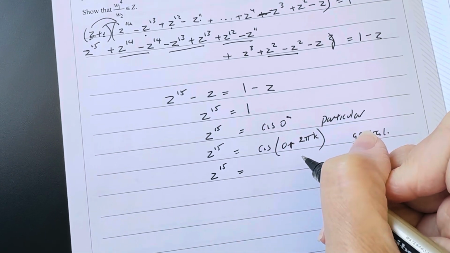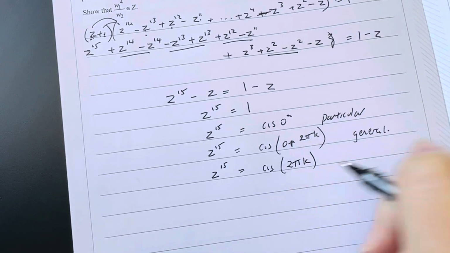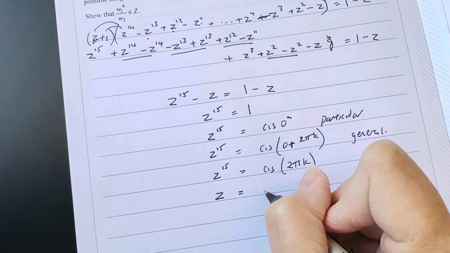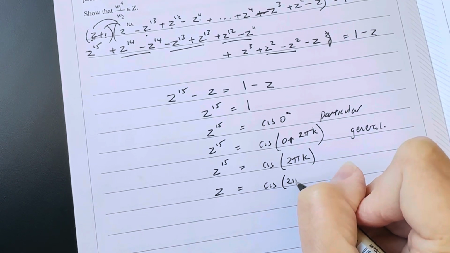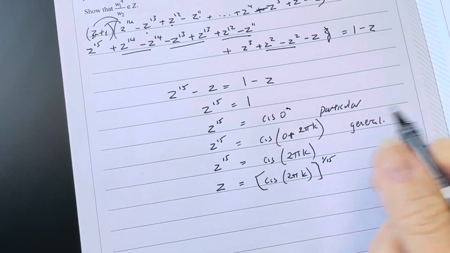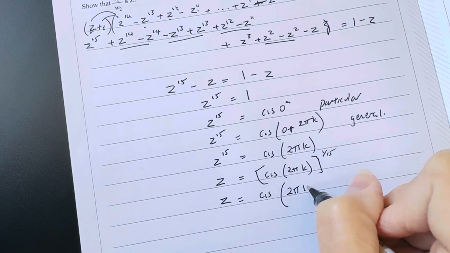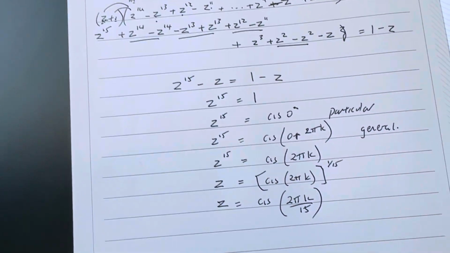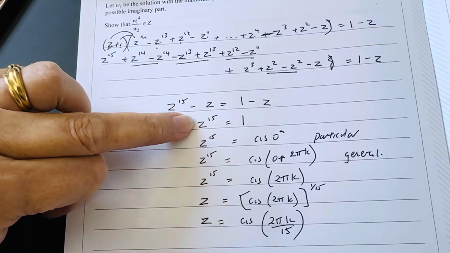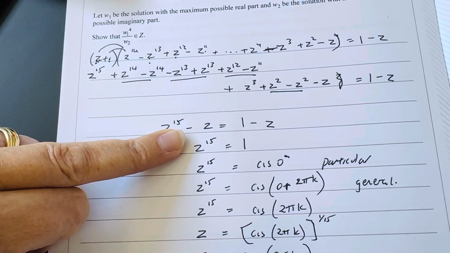So z to the 15th equals cis 2 pi k. We then take the 15th root, and we get cis 2 pi k to the power 1 over 15. So of course, using de Moivre's theorem, that's 2 pi k on 15. Now, in terms of marking, you do this expanding and you get to z to the 15th equals 1.